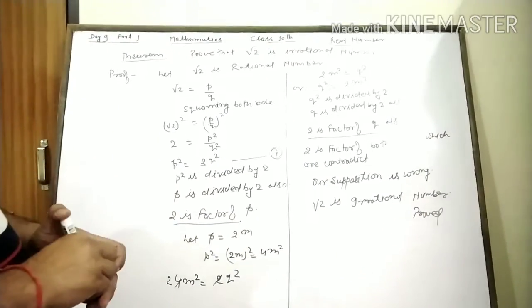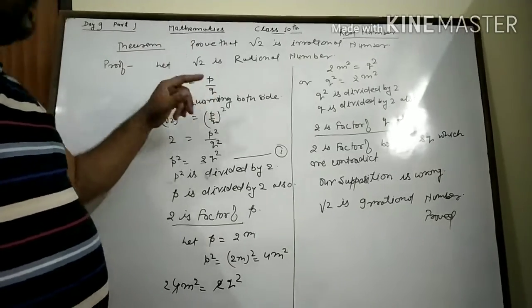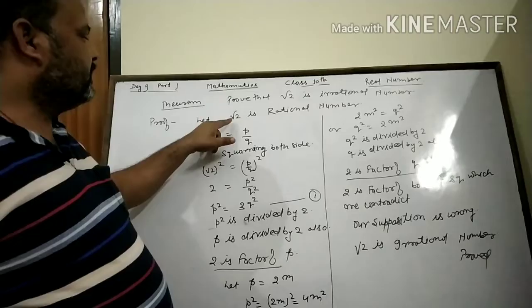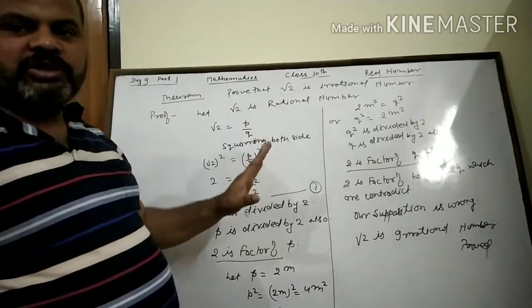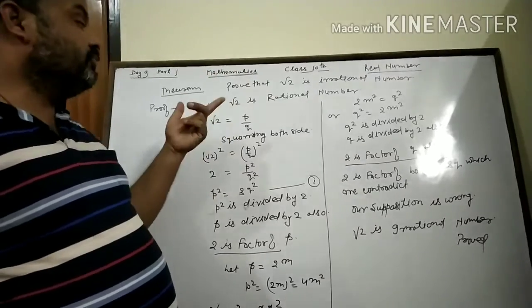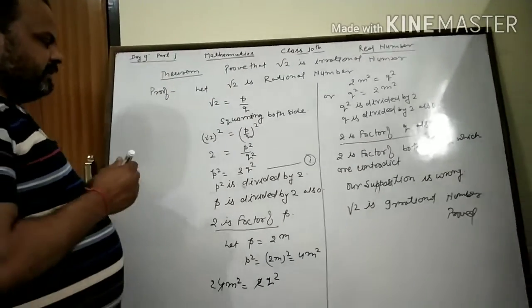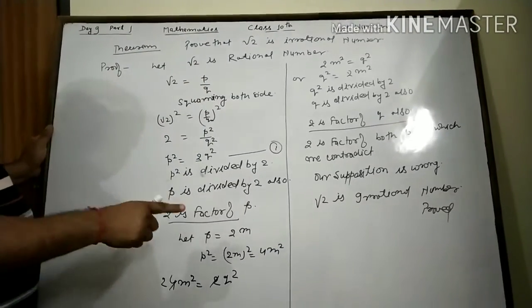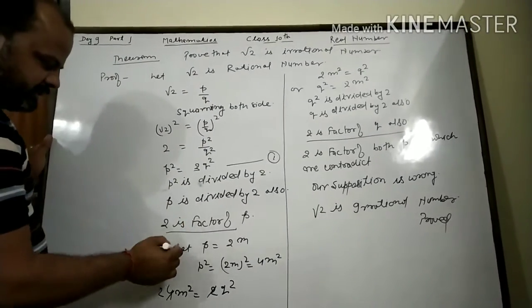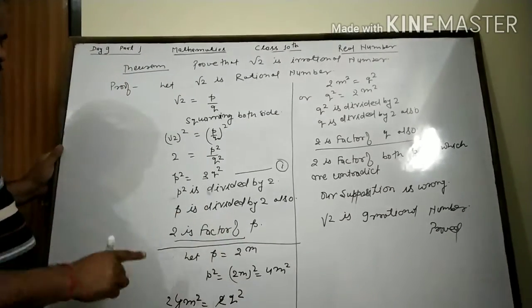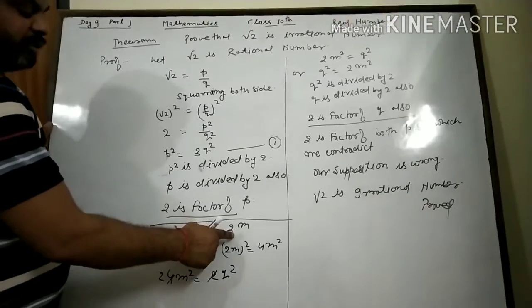Okay. Then after, doing the same process, you can prove root 3 is an irrational number, root 5 is an irrational number, root 7 is an irrational number, root 11 is an irrational number. What is the main thing? If here we take root 2 is a rational number, then in the second part you consider p is 2m.